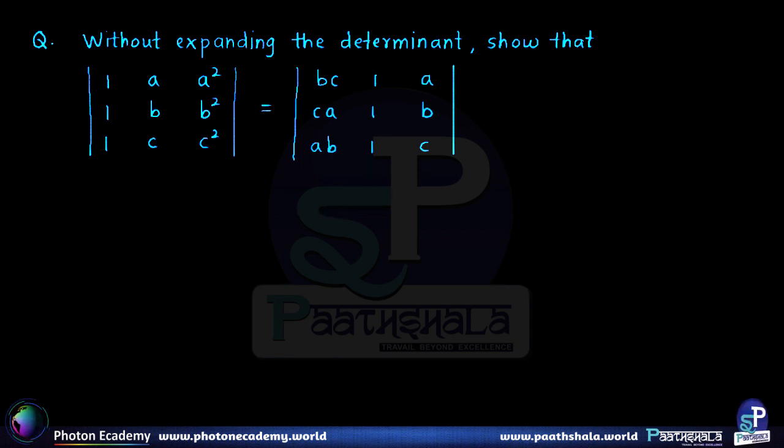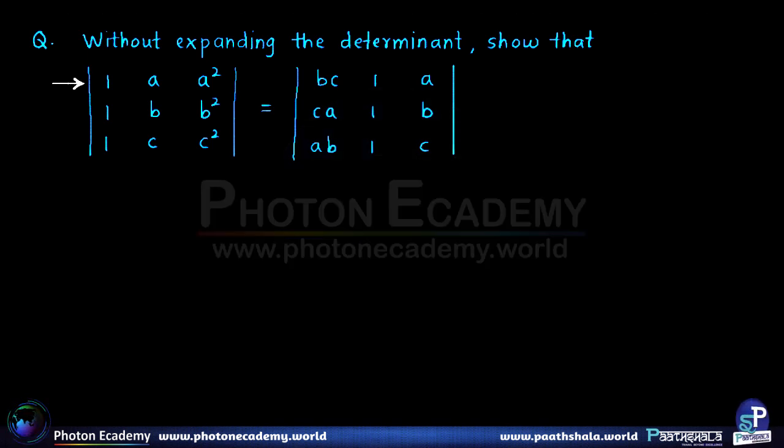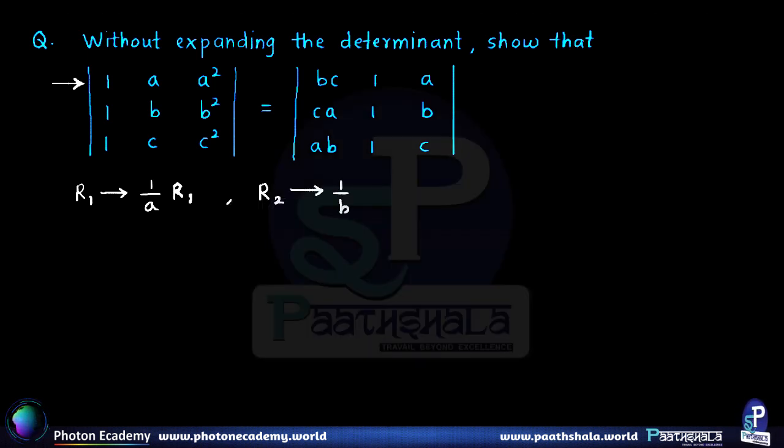That gives us a clue: if we consider the first row and divide it by A, that is R1 is changed to 1 by A times R1. Similarly, suppose we want to change the second row to 1 by B times R2, and the third row R3 is also changed to 1 by C times R3.